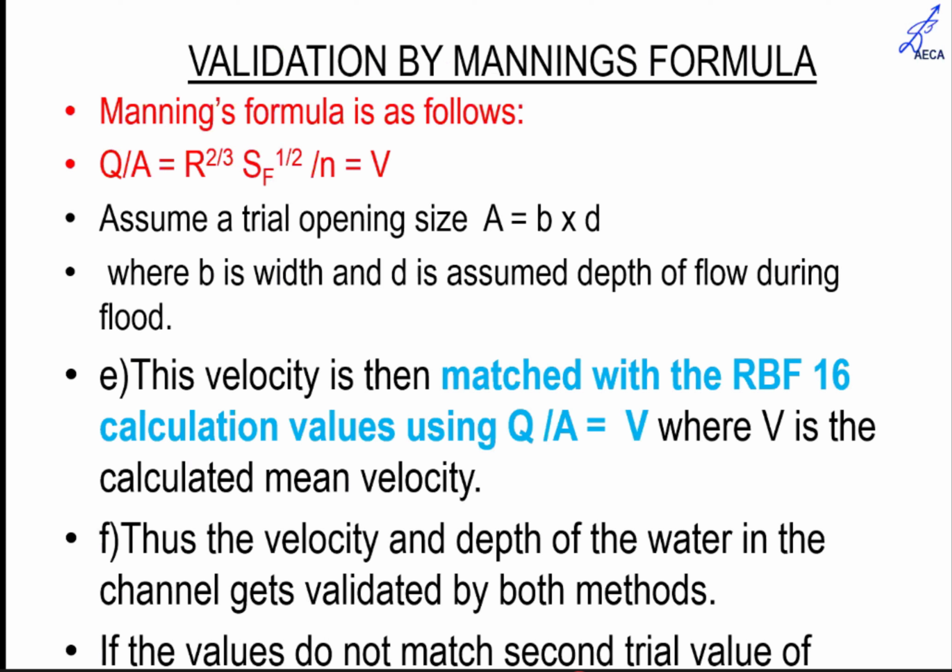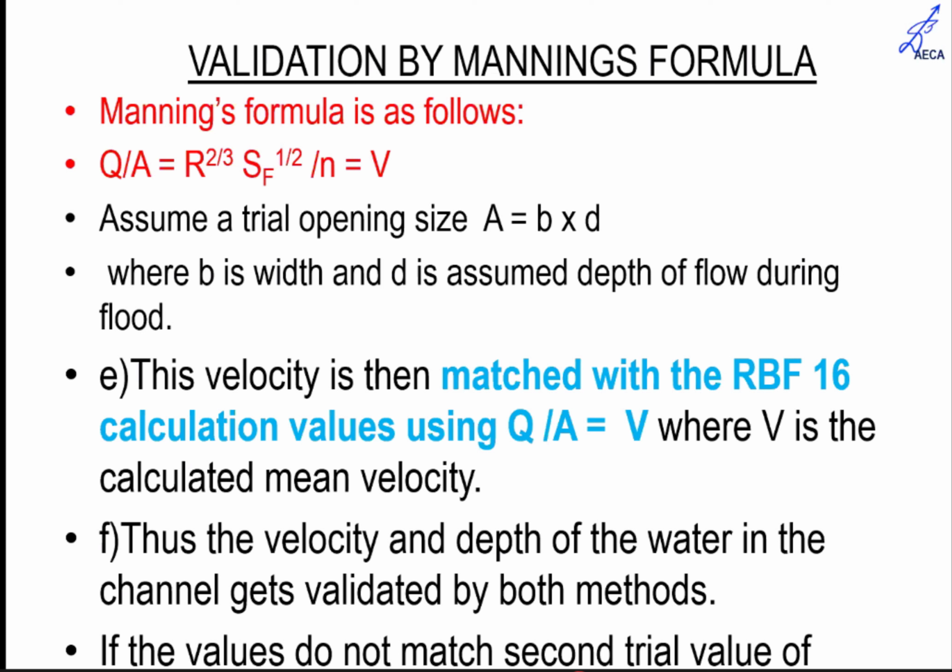Now, going beyond RBF 16, what we did is validate this discharge using the Manning's formula. What is the Manning's formula? It is basically Q by A equals R raised to 2/3, square root of S, divided by N. R is the hydraulic mean radius, S is the slope, and N is the roughness coefficient.